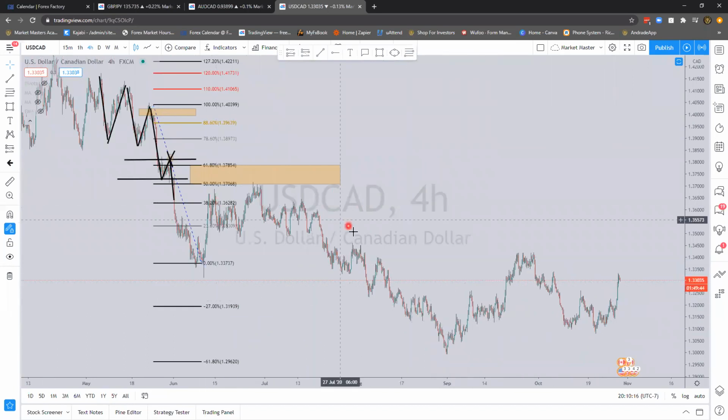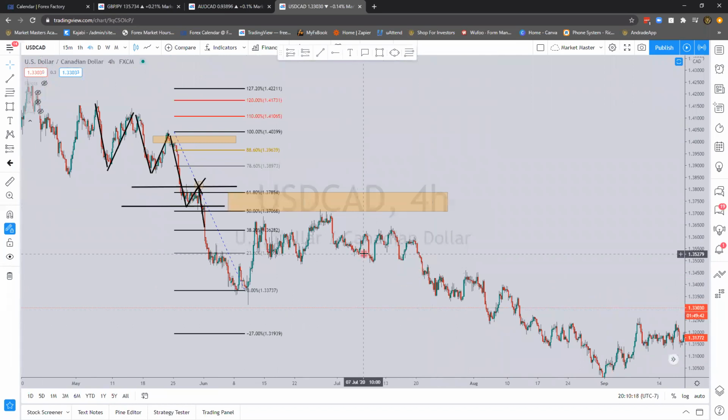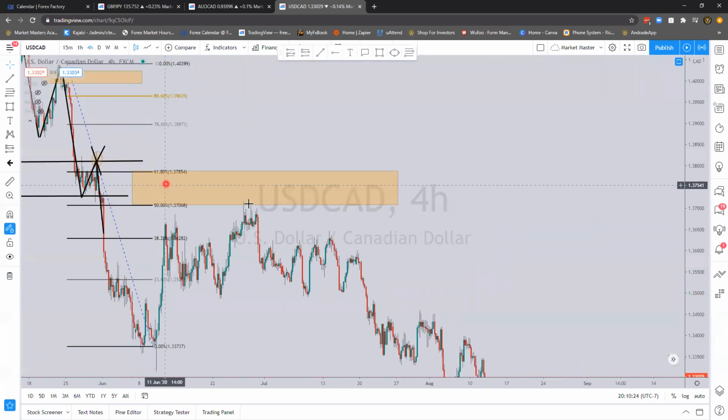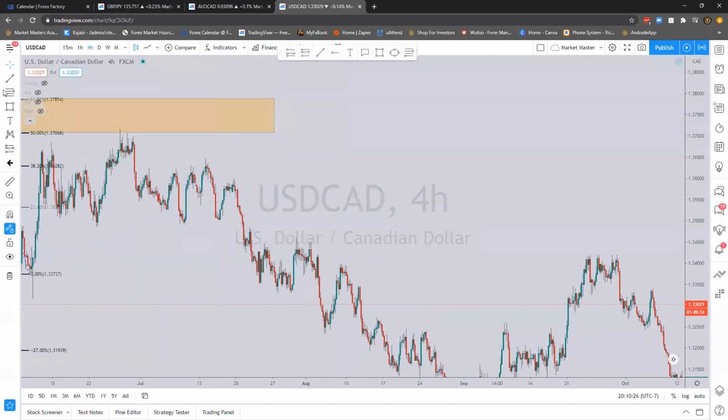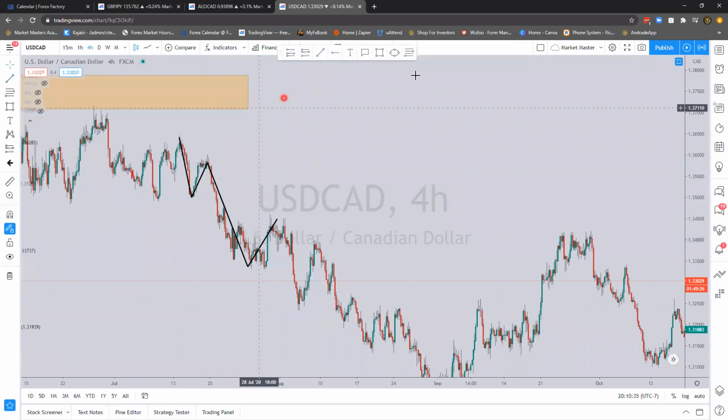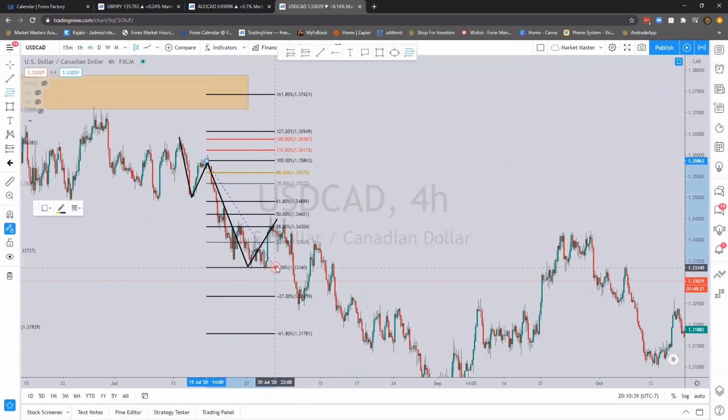But as it was doing the whole drop right here, sometimes you can also spot Fibonacci inside of Fibonacci. So as we see this Fibonacci here, we can see right here, lower low, lower high, lower low, and then price comes up. So I'm going to get this high here to this low over here.